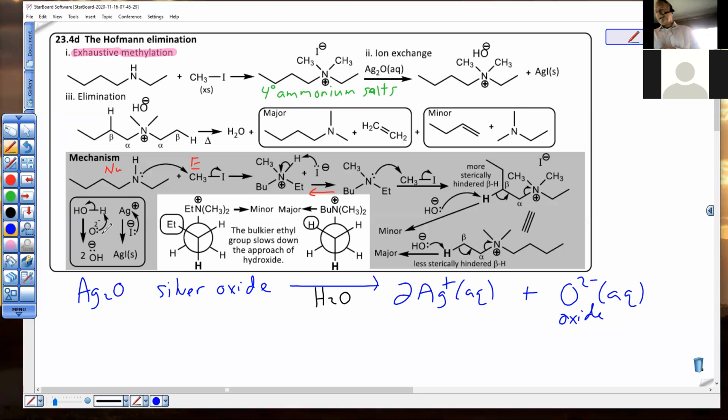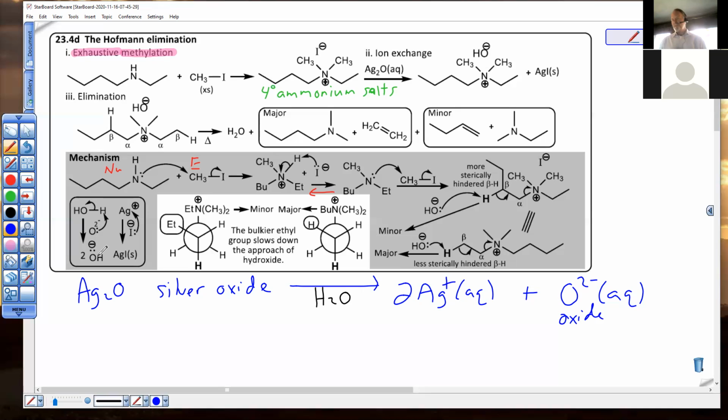And the oxide ion will react with the water because it's done in water. And it picks up a proton and becomes, what's this mean? 2 OH minuses. The water OH becomes OH minus. And the O2 negative oxide ion deprotonates water and becomes a second hydroxide.